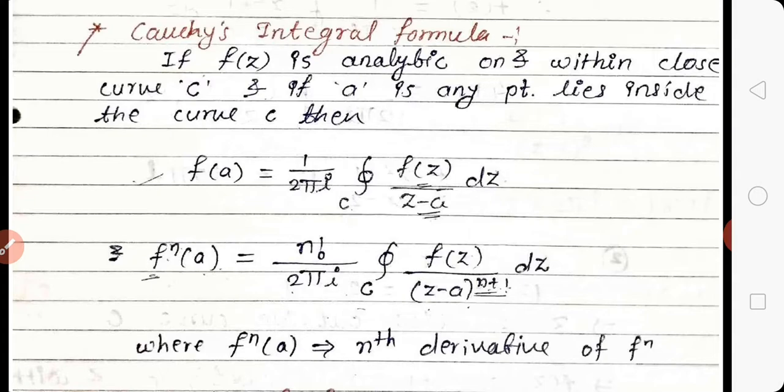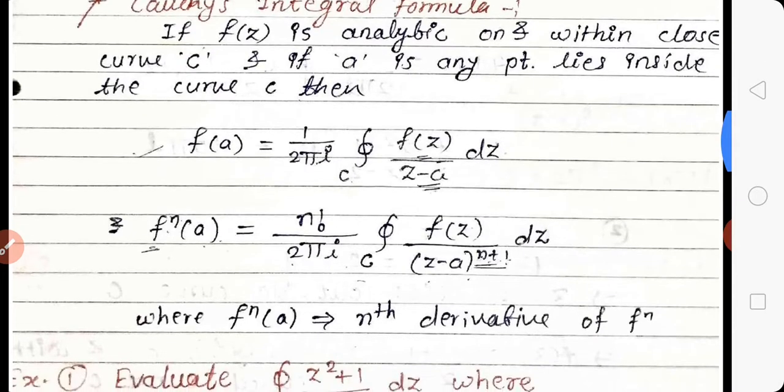If the function inside the integral is f of z upon (z minus a) raised to n plus 1, then we take the derivative, that is, the value of f raised to n of a is equal to n factorial upon 2 pi i times the line integral over C of f of z upon (z minus a) raised to n plus 1 dz, where f raised to n of a denotes the nth derivative of function f of z.